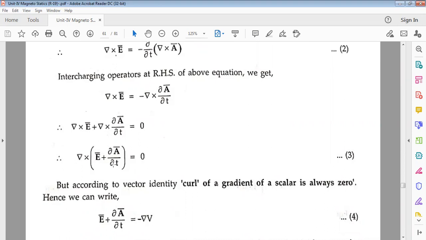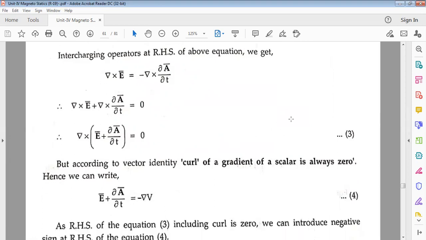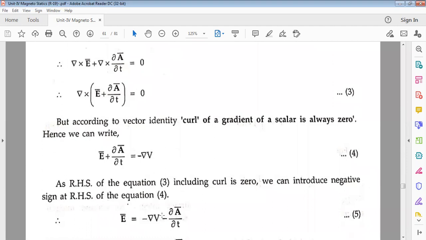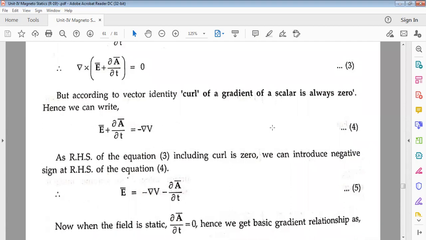We know del cross, this function, can be written as a gradient: E bar plus dou A bar by dou t is equal to minus del V. As the right hand side has zero curl, we can introduce a negative sign, minus del V. So E bar is equal to minus del V minus dou A bar by dou t.